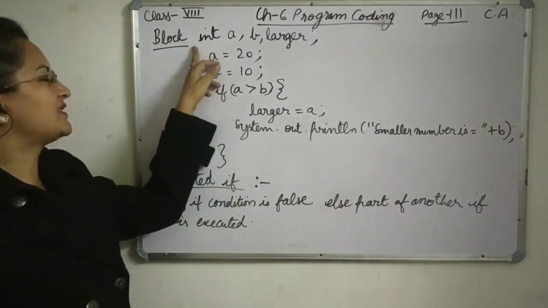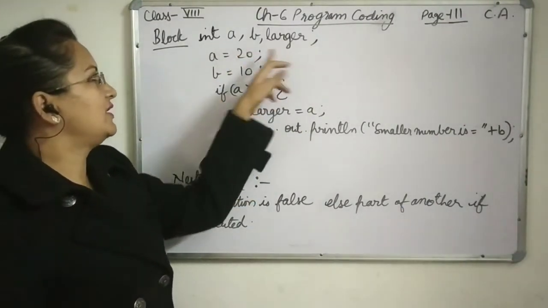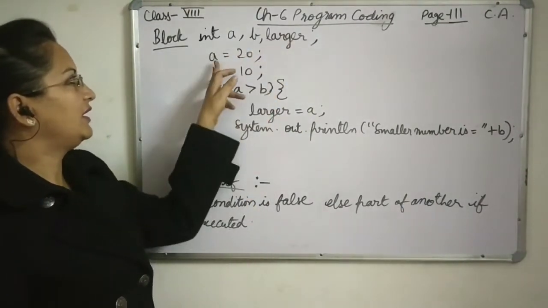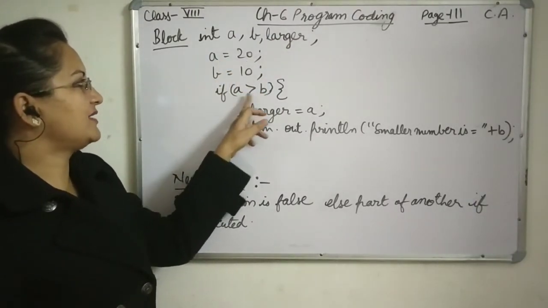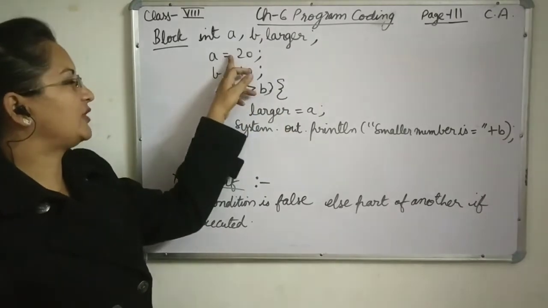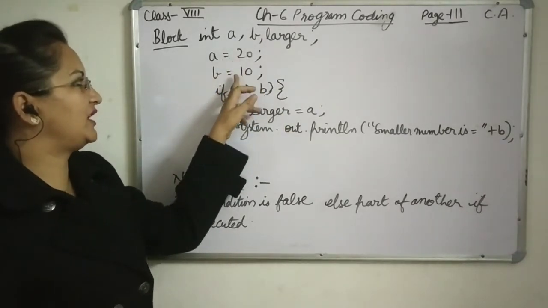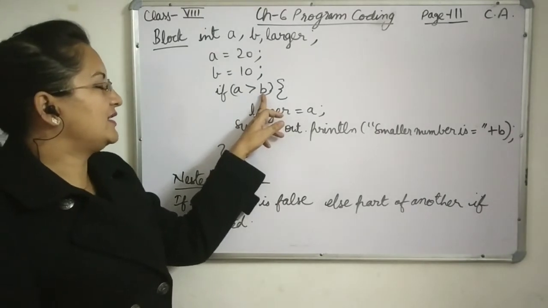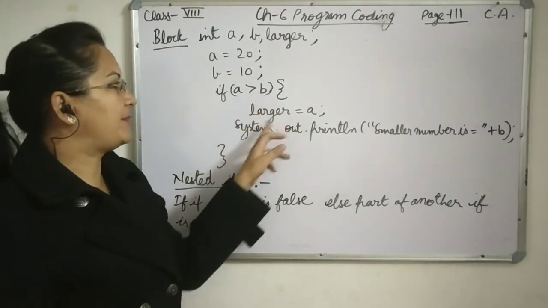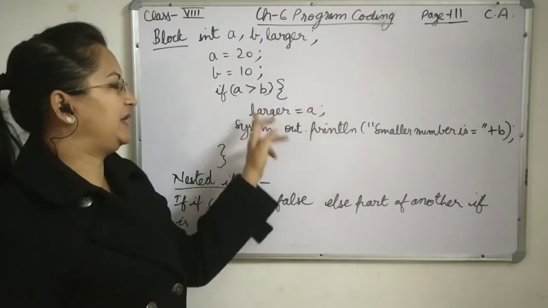Here students, you can see I have taken 3 integers, a, b and larger. In a there is 20, in b 10, and if a is greater than b, here you can see a is 20 and b is 10. So 20 is greater than 10 is true, and so what will happen? In larger, a will be assigned.